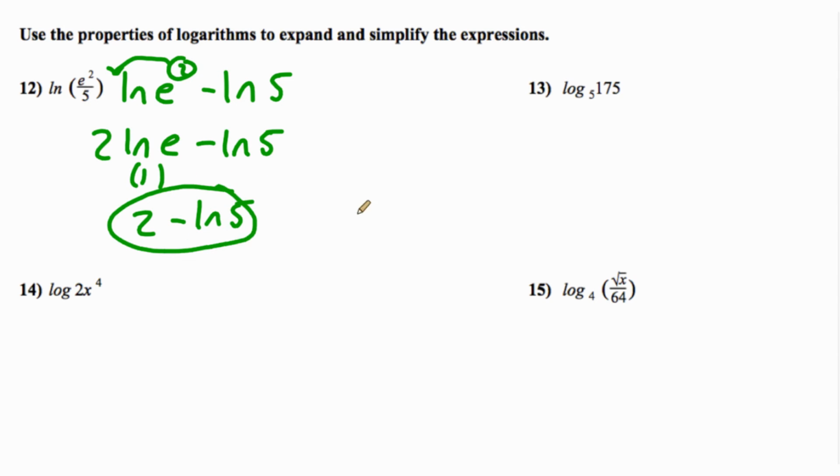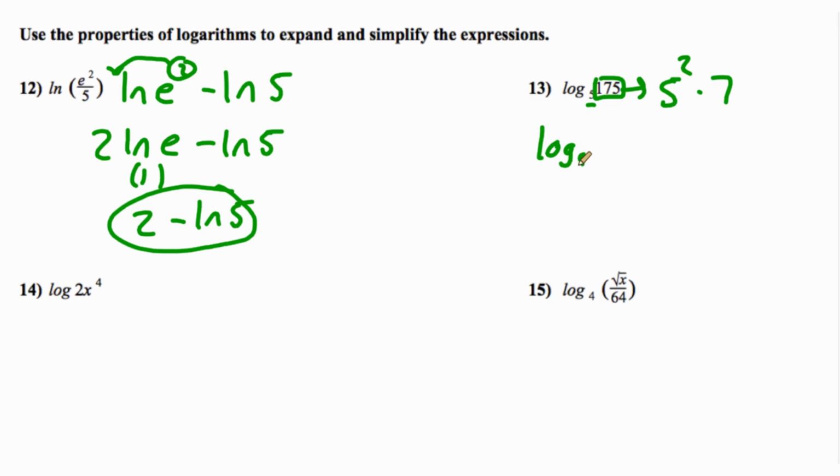For number 13, where we're looking at log base 5 of 175. Since this is a base 5 logarithm, we're going to look at this 175 and see if we can rewrite it using some 5s. And 175 is 25 times 7, but 25 we can write as 5 squared. So we've got 5 squared times 7. Now since there's multiplication happening, we're going to split that into addition.